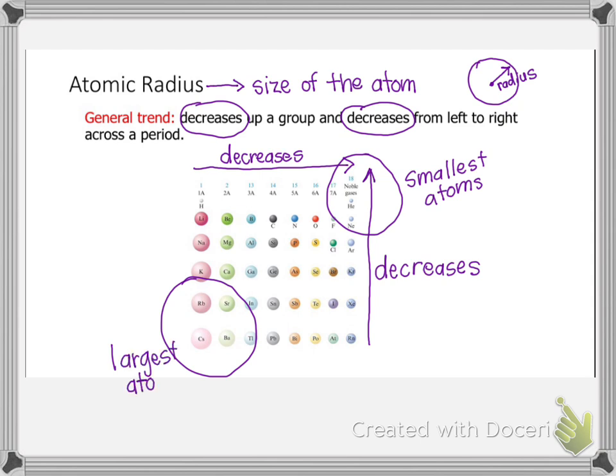And in general, because of the trend, metals are going to be larger than nonmetals. So that is the second trend, the size of the atom.